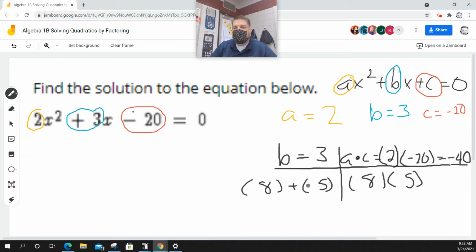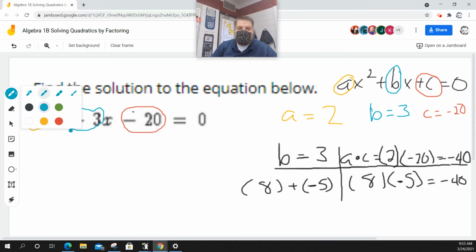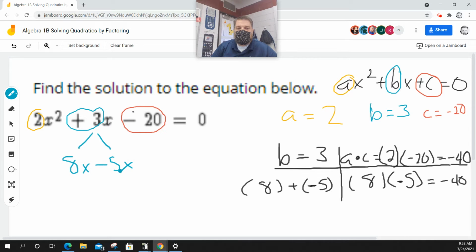Well, 8 plus negative 5 gives me a positive 3, and 8 times negative 5 gives me a negative 40. So then that means that I'm going to take those two and split up this middle term into 8x minus 5x, right? Doesn't that equal 3x?